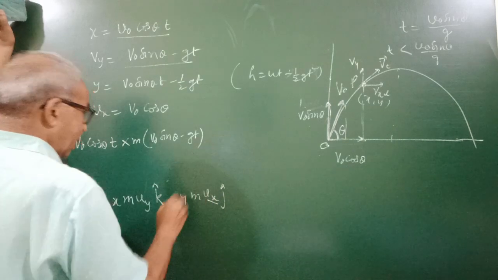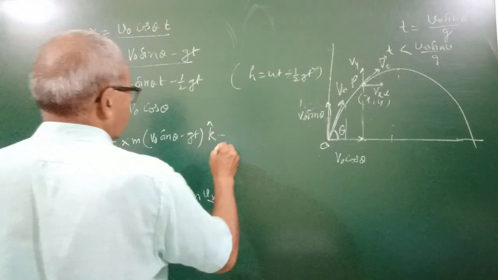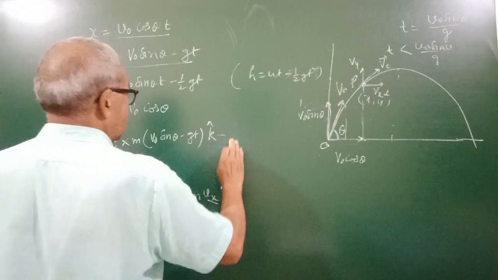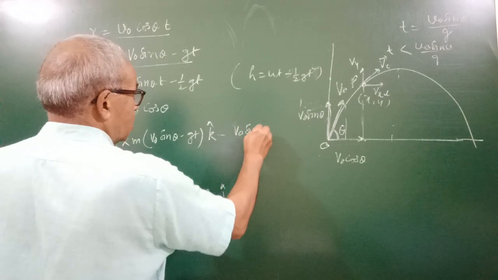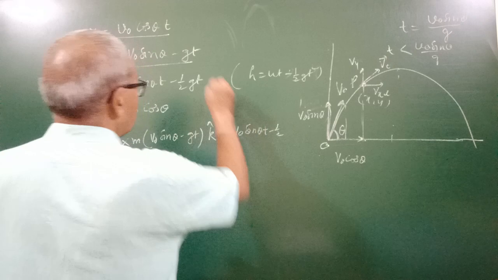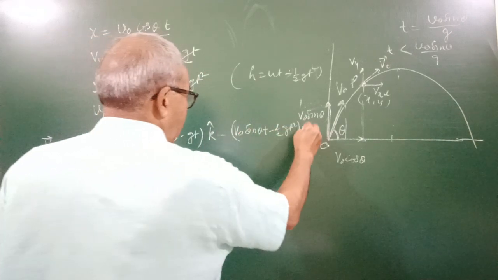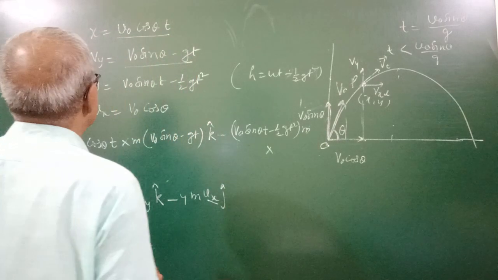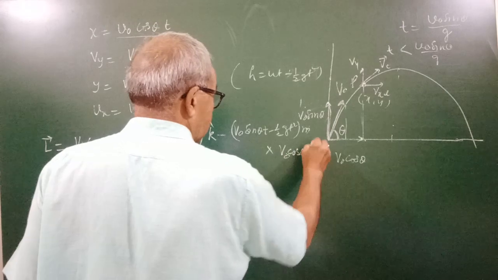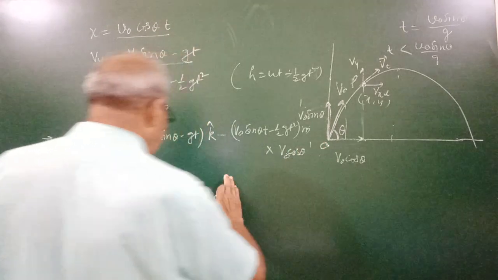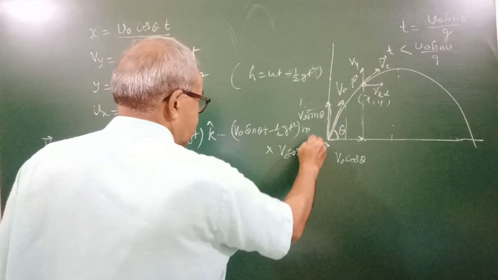So you can take k cap right here, minus y, y is here, v0 sin theta t minus half g t square, into m into vx, v0 cos theta. So I will get k cap.